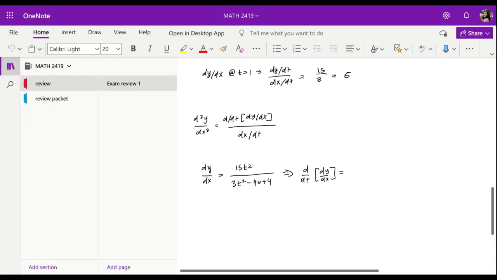So the low is 3t squared minus 4t plus 4, and the derivative of the numerator is going to be 2 times 15t, minus the top, which is 15t squared, times the derivative of the bottom, which is going to be 6t minus 4, all over the denominator squared, which is just 3t squared minus 4t plus 4, squared.